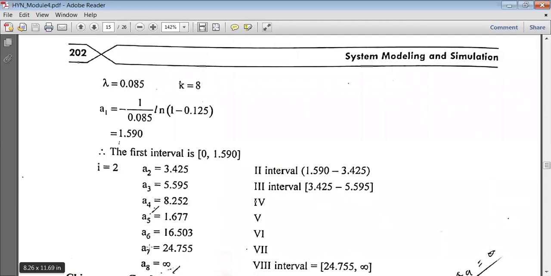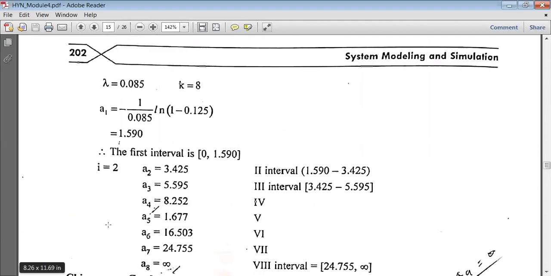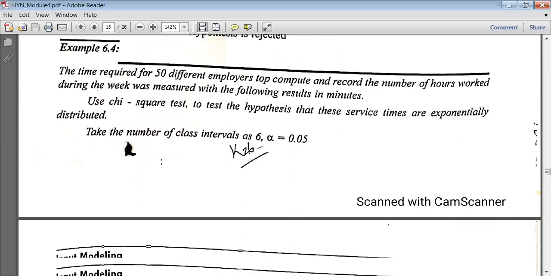When you do the calculation, ai is equal to minus 1 by lambda into ln of 1 minus pi. You keep on calculating a1, a2, a3, a4, a5 until you get infinity. For whatever value of a you get infinity, that is your number of class intervals, which is nothing but k is equal to 8.